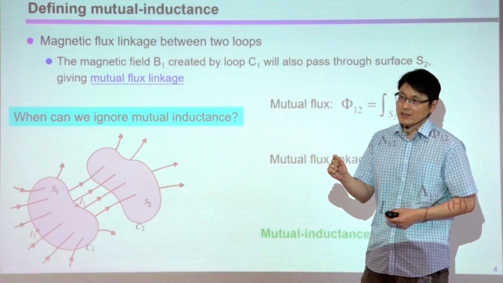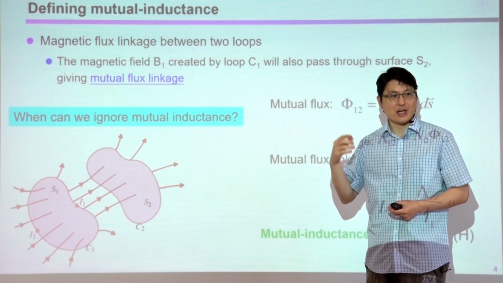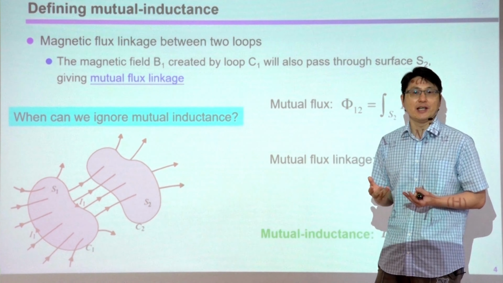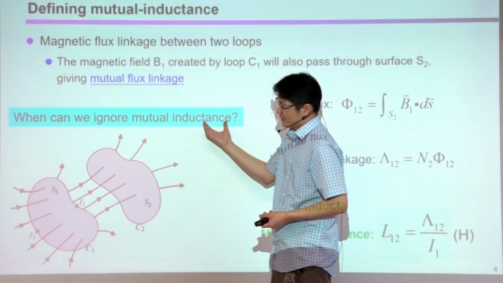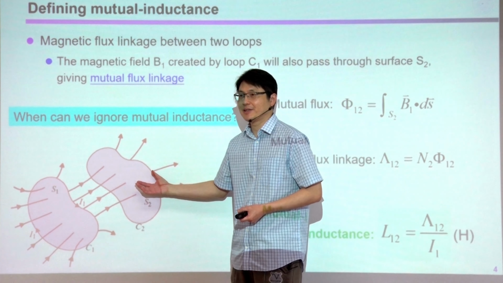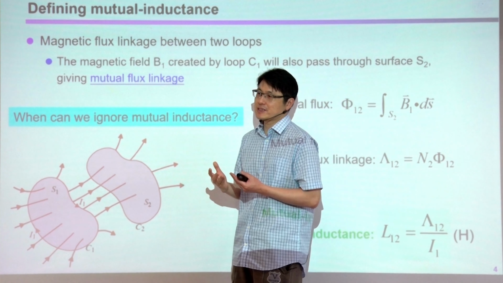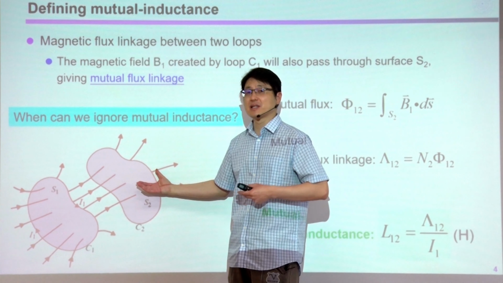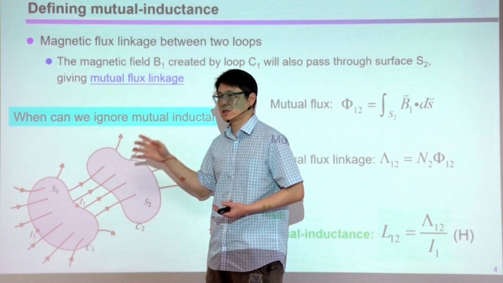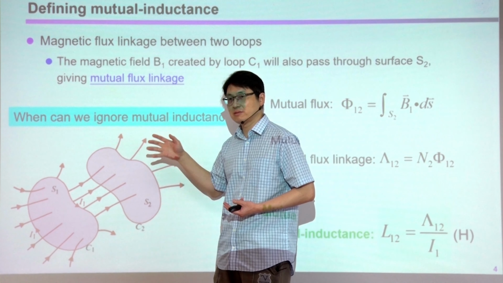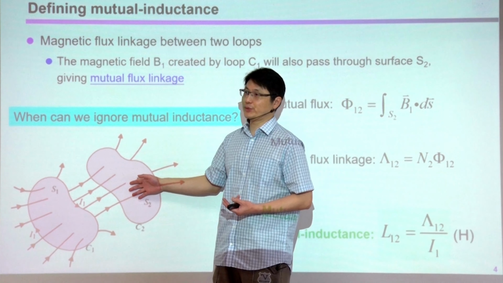You know the self-inductance, you pretty much know how much energy is being stored in your loop. But mutual inductance is another story, right? Mutual inductance means, well, maybe one loop is not really operational, but some field lines are given for free.